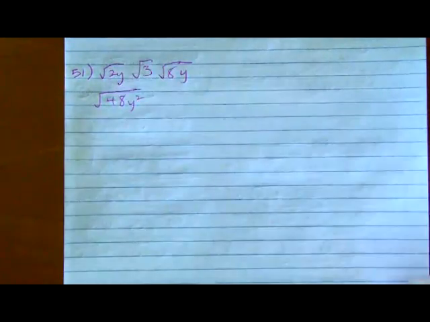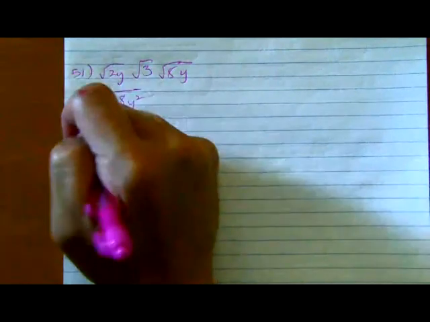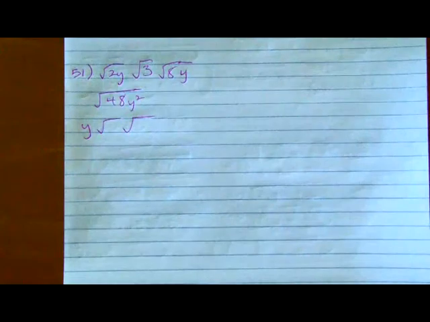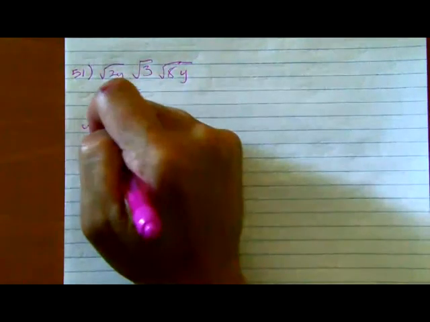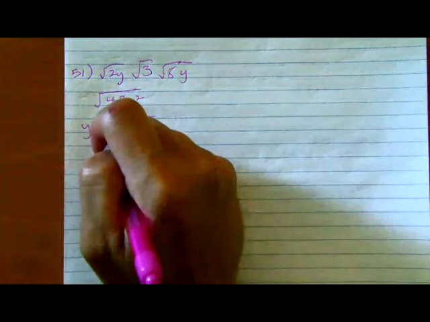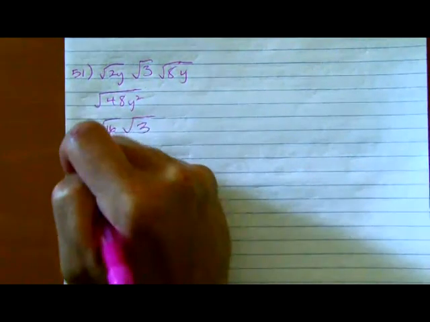Y to the second. I can square root y to the second. That's just y. The 48. 8 and 6, not good. 4 and, oh, here, 16 and 3. I can square root the 16. That's 4. I still have a radical 3.